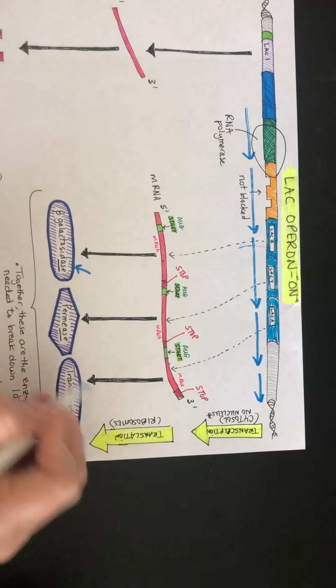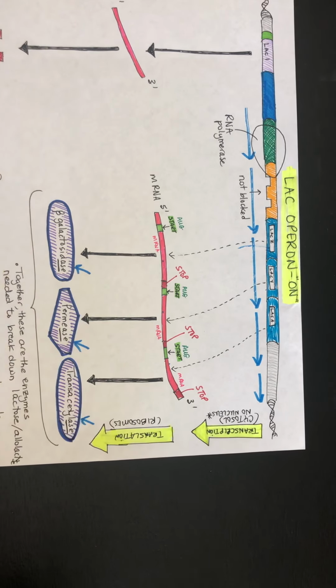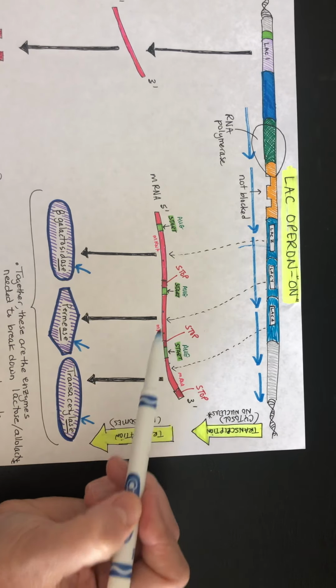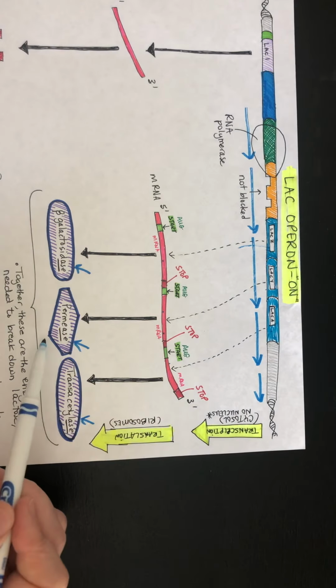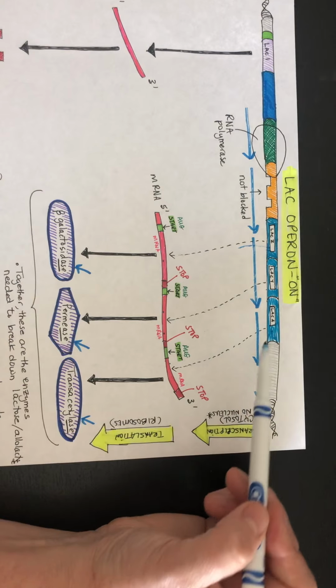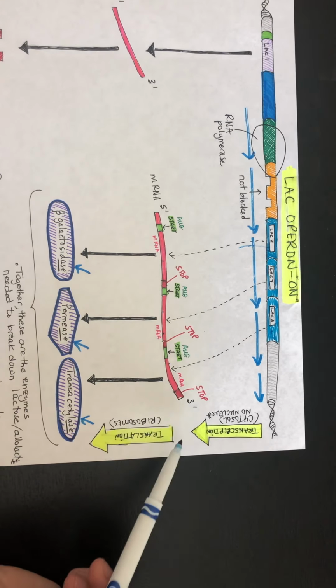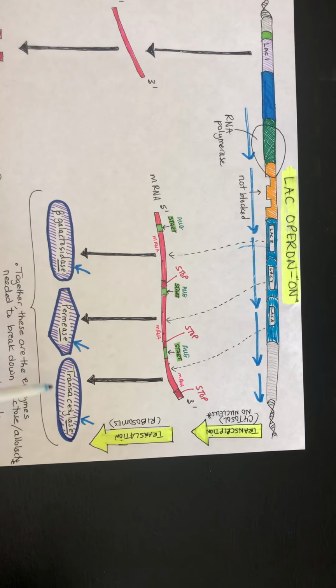And these are your ACEs. So ACE right here always means an enzyme. And then lacY makes a piece of messenger RNA, start and stop, and it's going to make permease. And then lacA is going to be transcribed into a piece of messenger RNA and then translated into transacetylase.